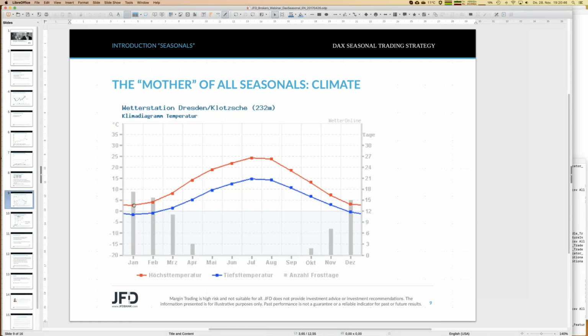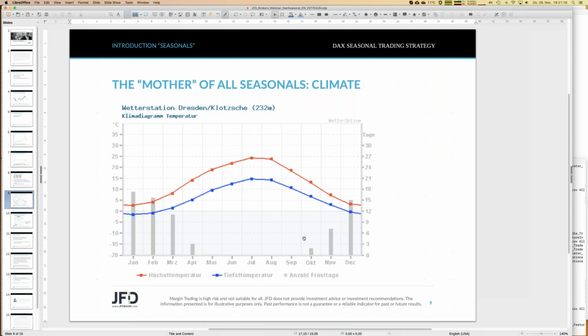And what we have here in red is the temperature, the highest temperature of the day on average for a given month, and the lowest temperature for a given month. And by the way, then we have another number here, those gray bars, meaning the number of days with temperatures below zero.